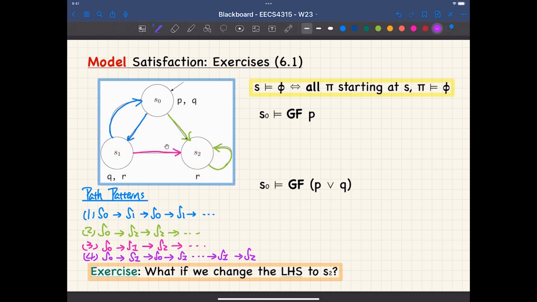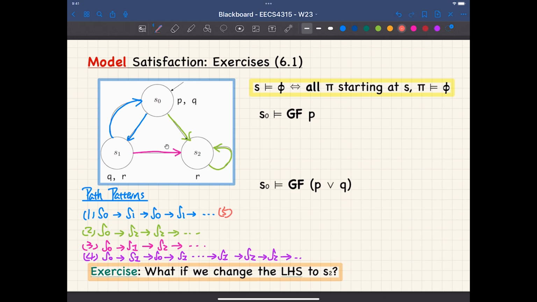Okay. I believe there's another one. Okay, number 5. So here we have 4, right? Good.